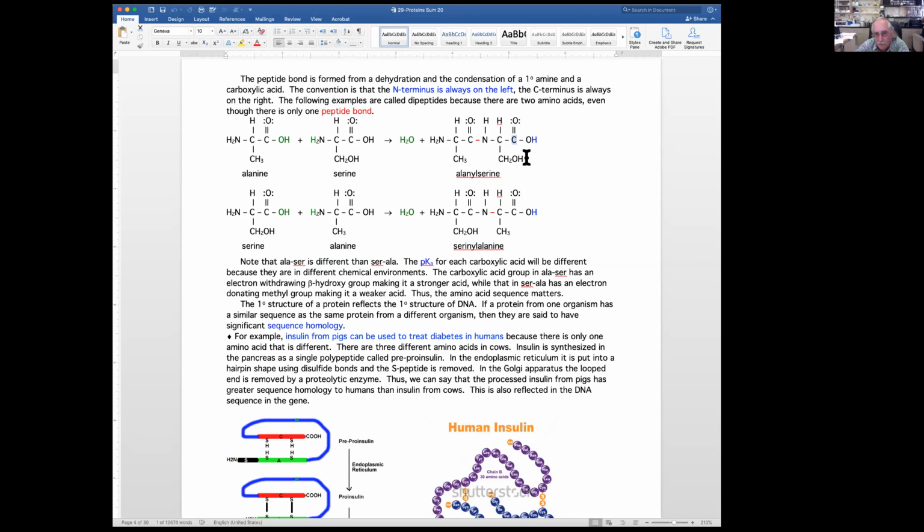This is an alcohol group. But over here, it's a methyl group. That makes it slightly electron withdrawing, making this a stronger acid. This is slightly electron donating, making this a weaker acid. So you can see that the acidity of these two carboxyl groups is going to be different. So the sequence makes a difference.